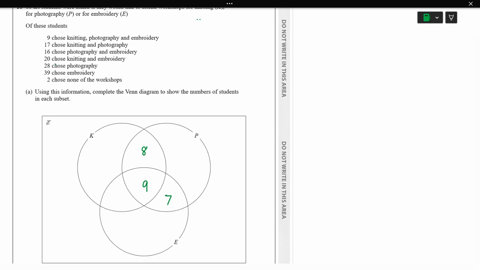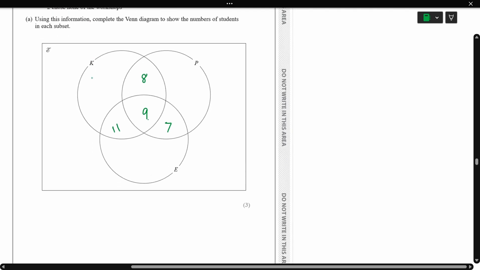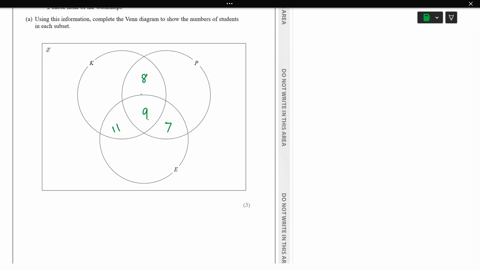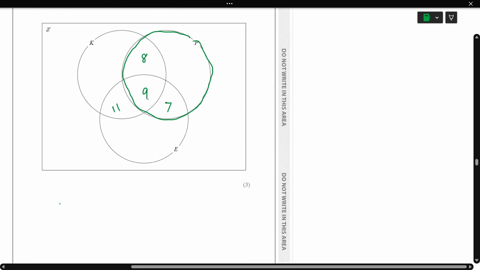Next, 20 choose knitting and embroidery. Here already 9, so 11 is going to be here. Next, 28 choose photography, only photography. We need to subtract because the entire thing is photography. This full circle is photography. So already we have some values, and the total is 28.